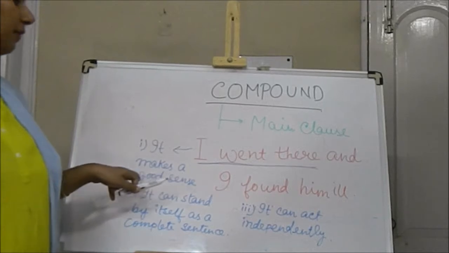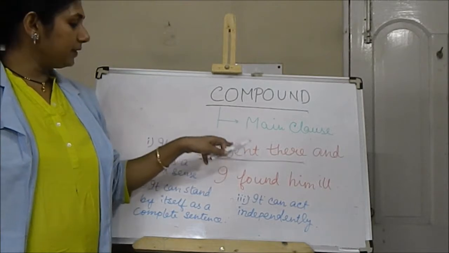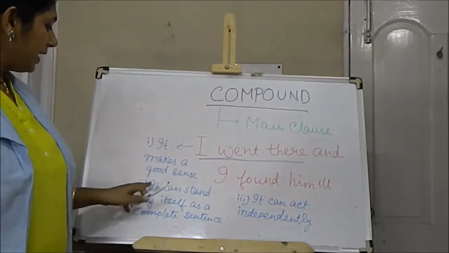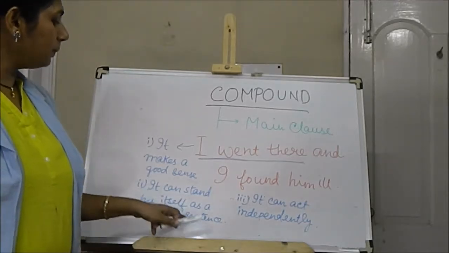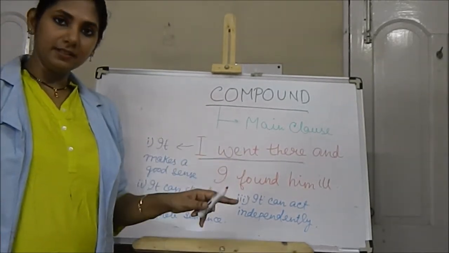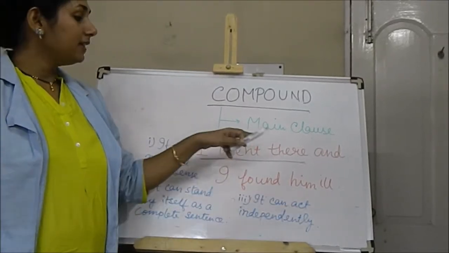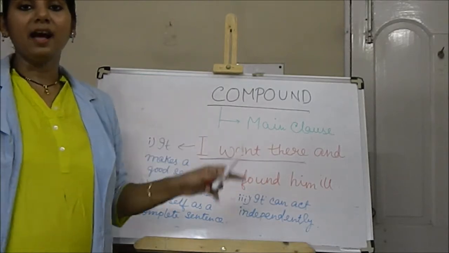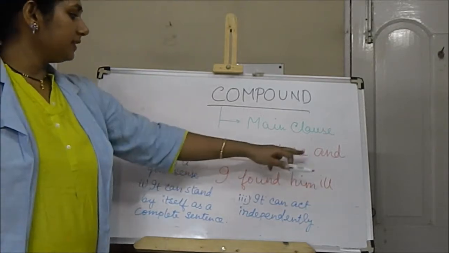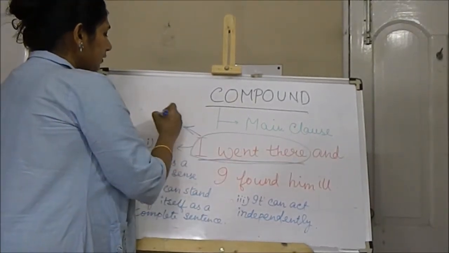That this makes a very good sense. That means this I went there, this particular sentence gives us a very clear meaning. Number 2, it can stand by itself as a complete sentence. This particular part can be written as a sentence also. And number 3, it can act independently. This part is not dependent on any other sentence, on any other part. That's why we will call this part a main clause.